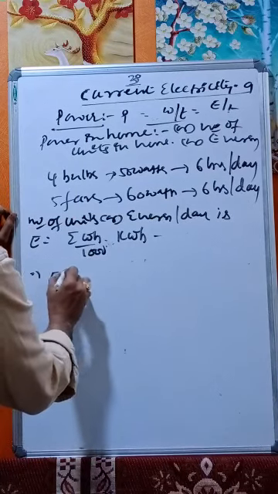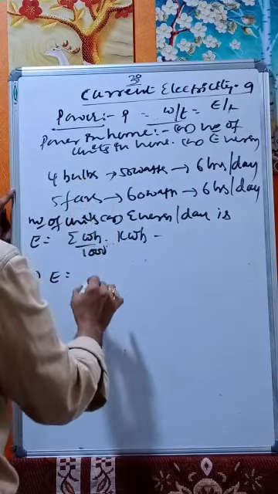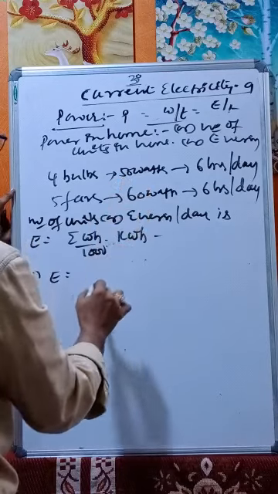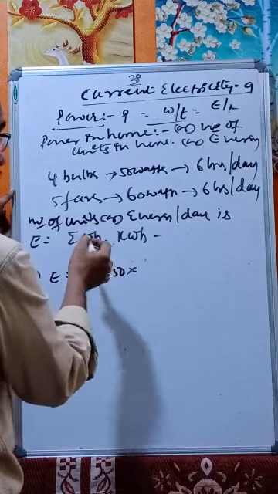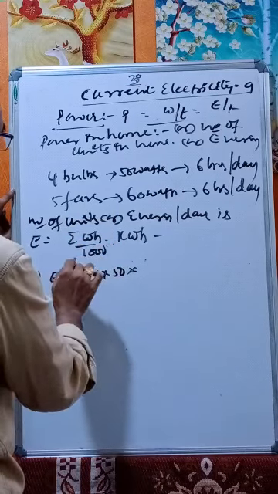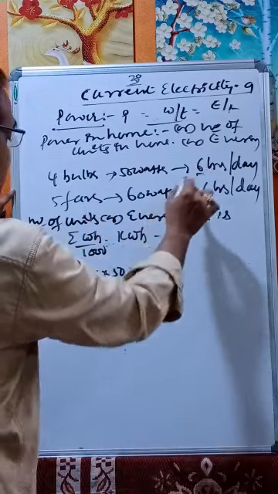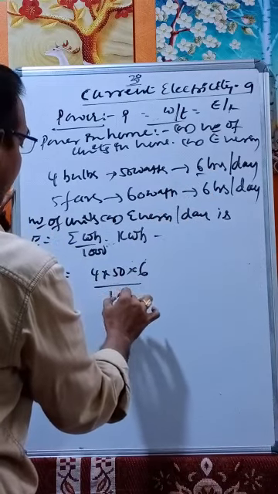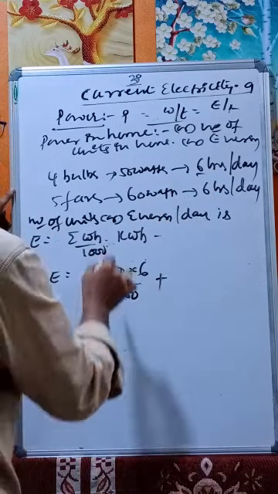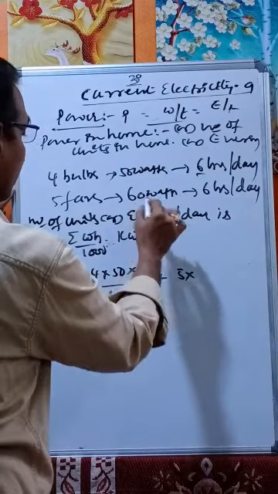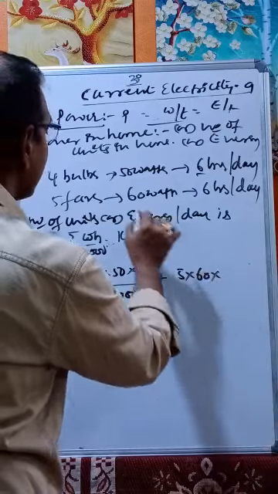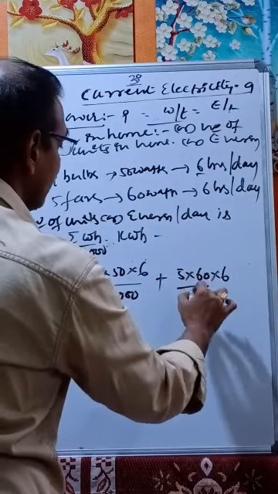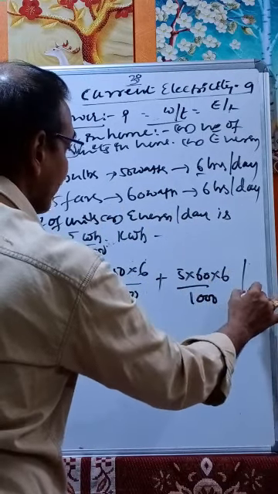This implies E is equal to 4 bulbs, each of wattage 50, total wattage 4 into 50, 200 watts, for 6 hours per day, by 1000, plus 5 fans, each of wattage 60, 5 into 60, number of hours again 6, by 1000. This is per day.